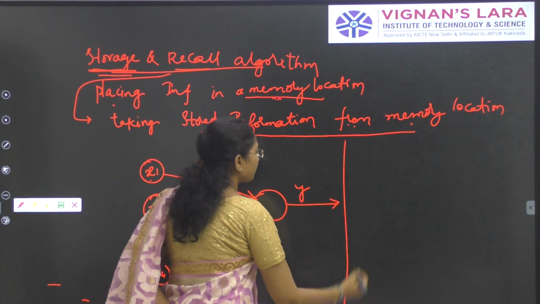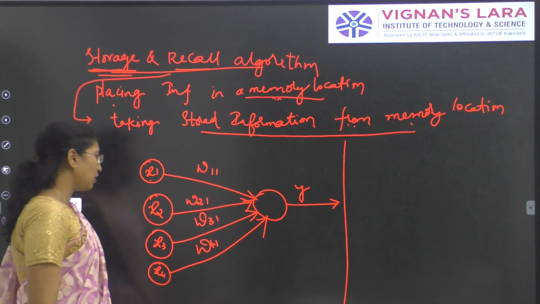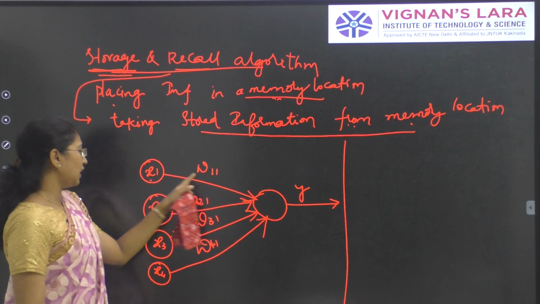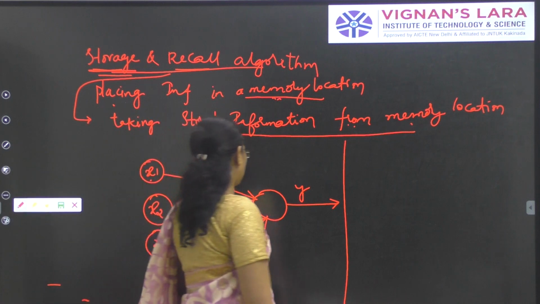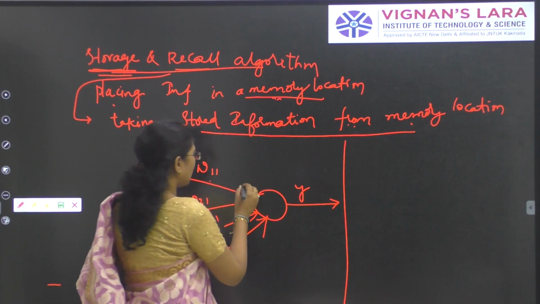And what will be the operation we will do in a neural network? What is your input here?